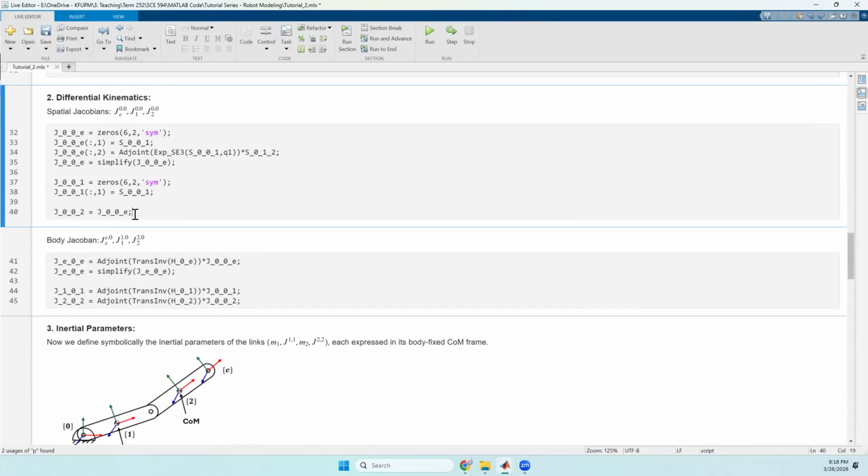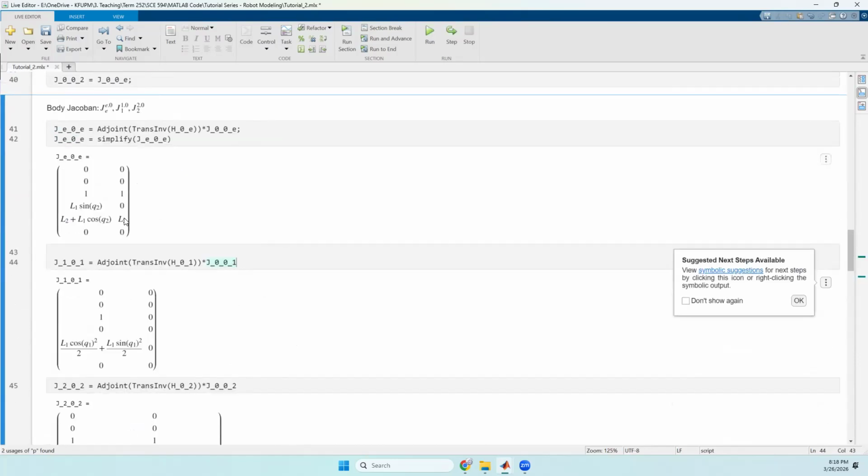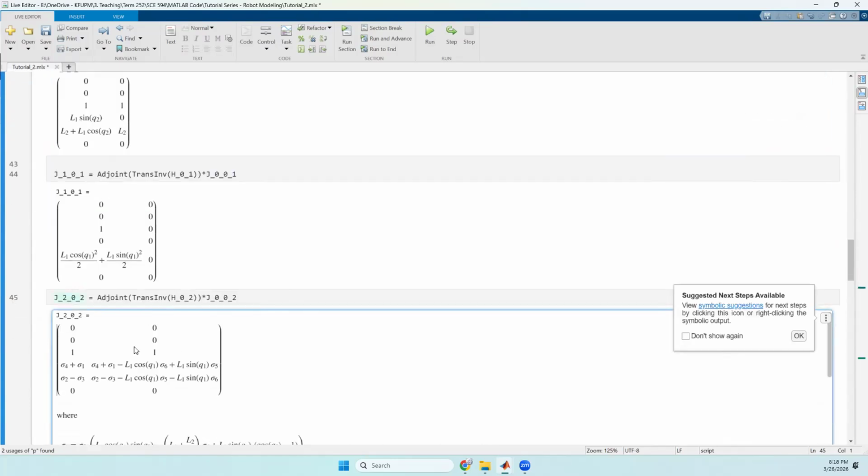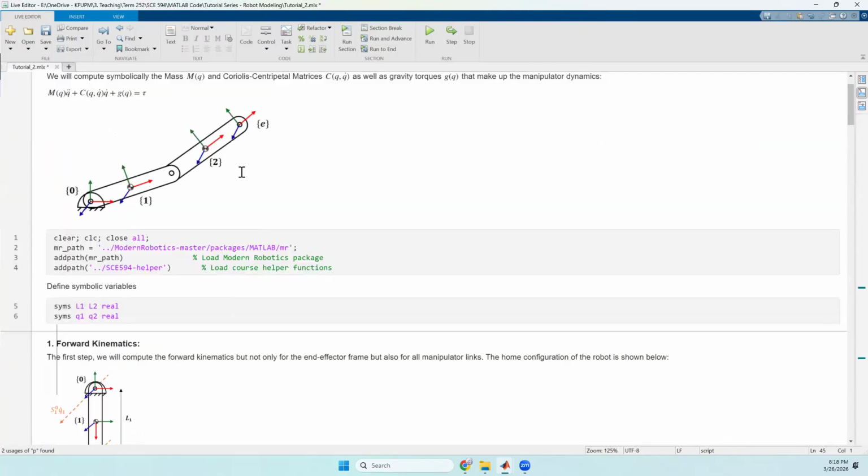And to transform these Jacobians to frame E, frame 1 and frame 2, so we're looking at the body Jacobians now, we can simply use the joint transformation. If you look at these 3 expressions that we compute here, you'll find that the end effector Jacobian, expressed in the end effector frame, is different from the one of the second link, simply because now we have a transformation between both.